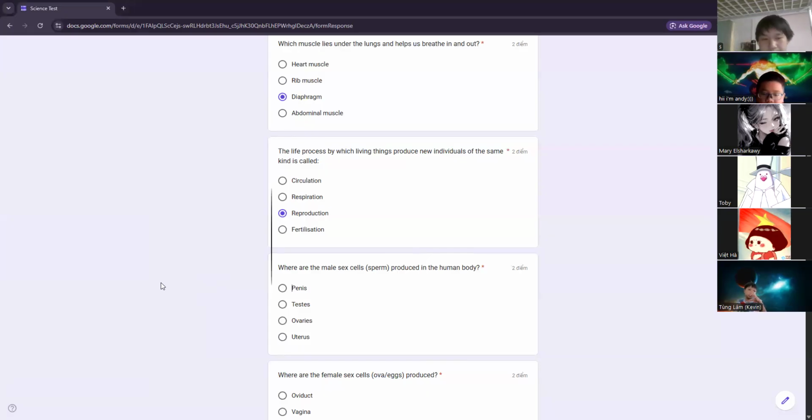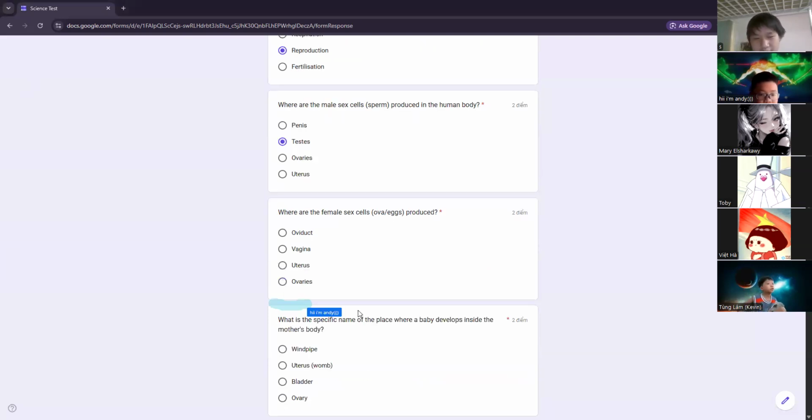All right. So the last two options are the female reproductive system, so obviously not the right answer. And the penis is not used to create the male sex cells, because it is the part that does the sexual reproduction, not the part that creates the cells.